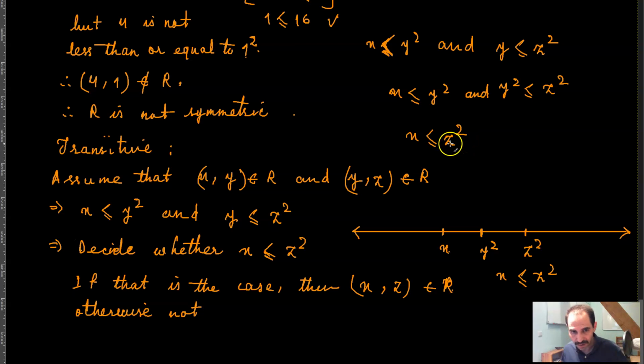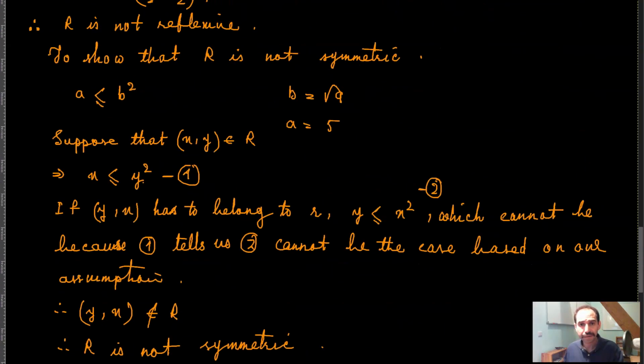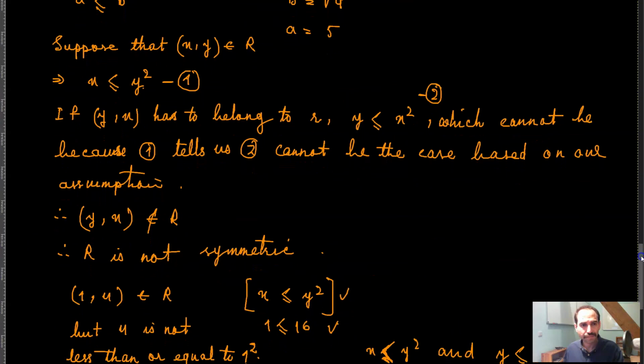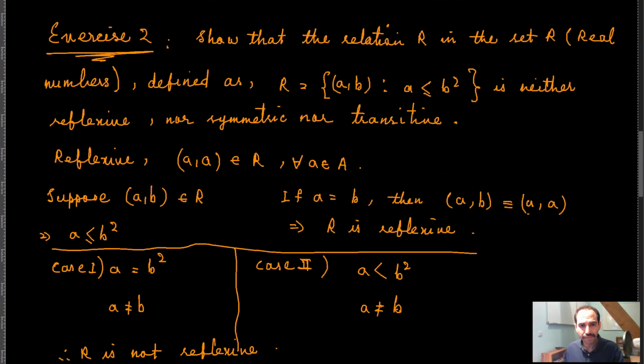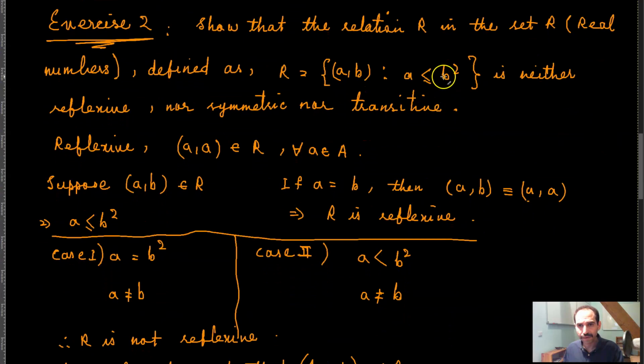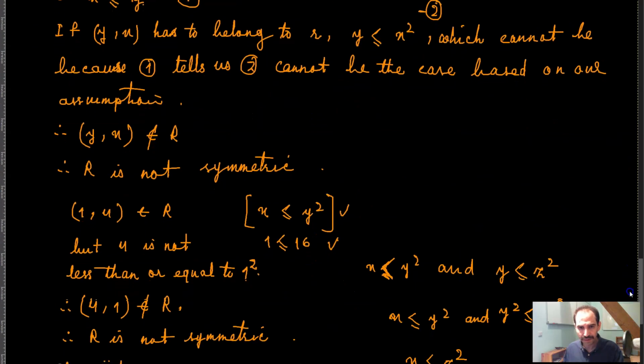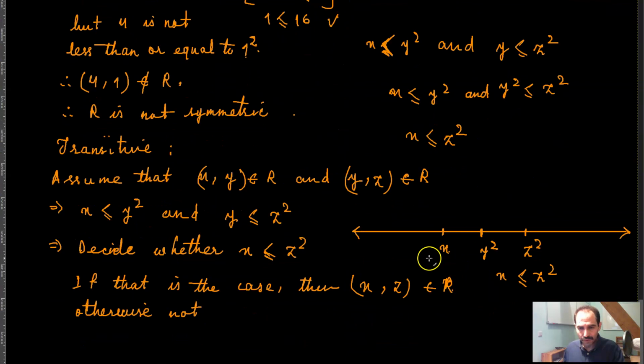Now, what was the case here? Over here we have a is less than or equal to b squared, right? We want to show if x is less than or equal to z squared.